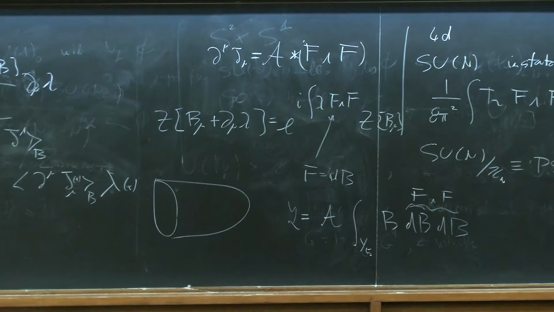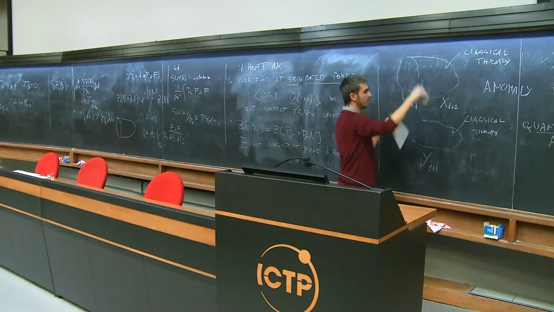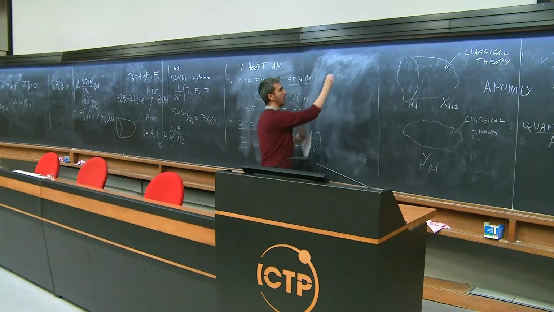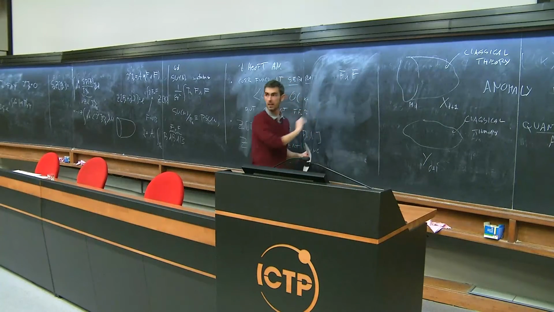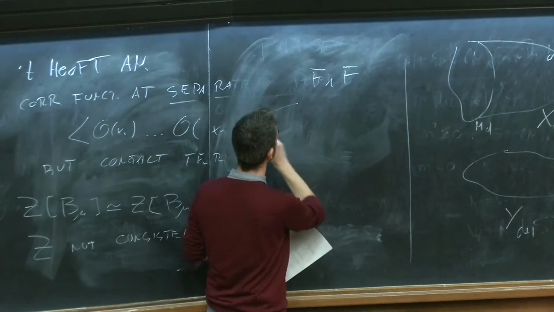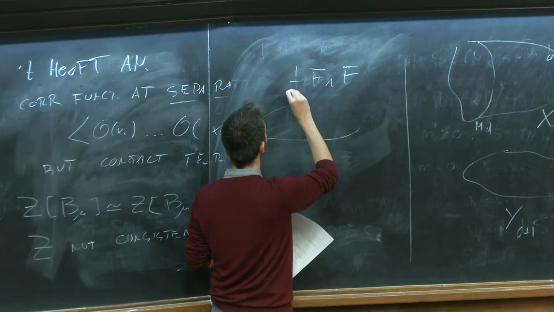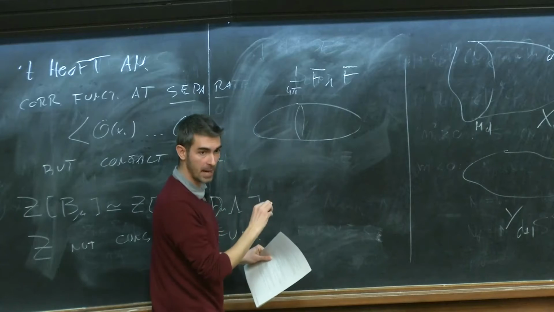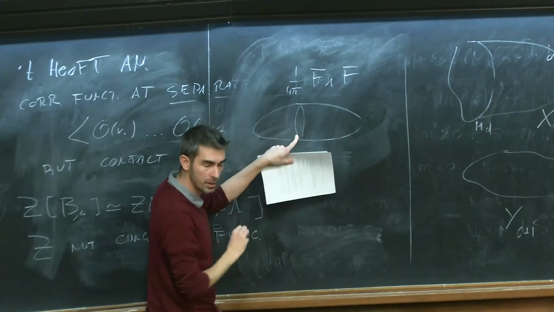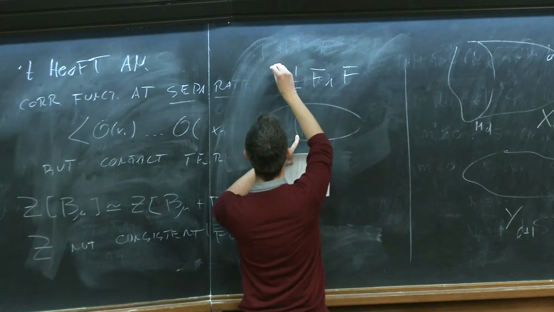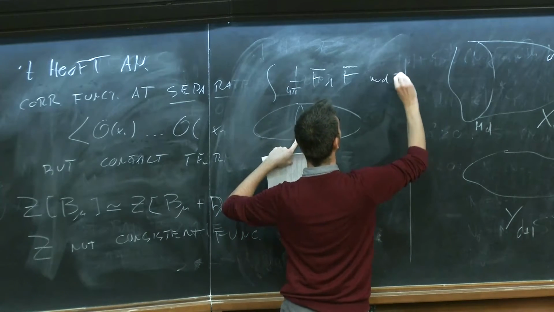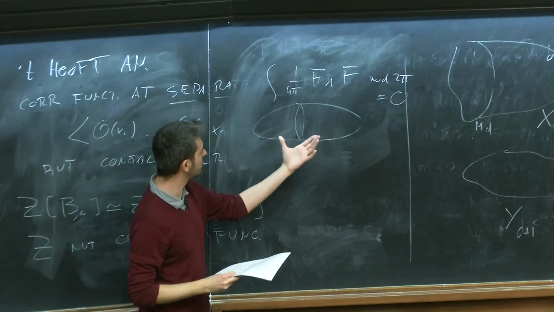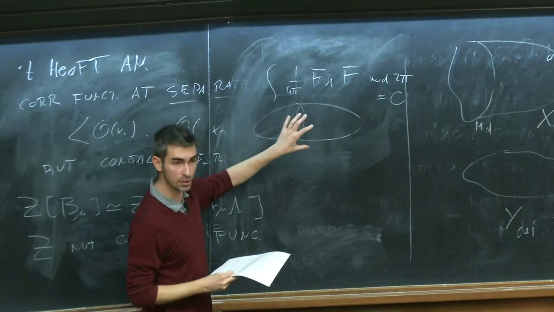Now, when discussing Chern-Simons on the boundary, we said, okay, in the extension you need to put F wedge F. And F wedge F has the property, suitably normalized, that when you integrate it on a closed manifold, you get something which is a multiple of 2 pi. And so if we look at this integral mod 2 pi, this is 0. So we find something that mod 2 pi evaluates to 0 on closed manifolds.